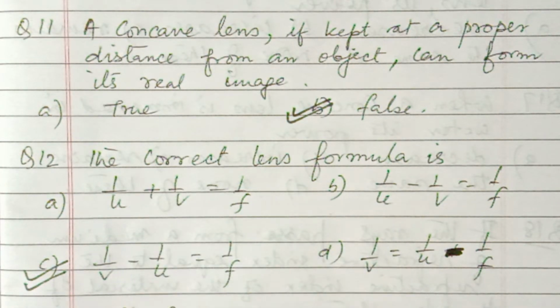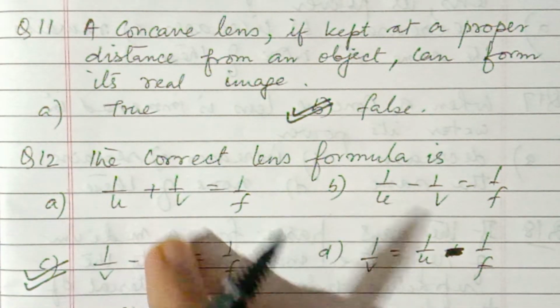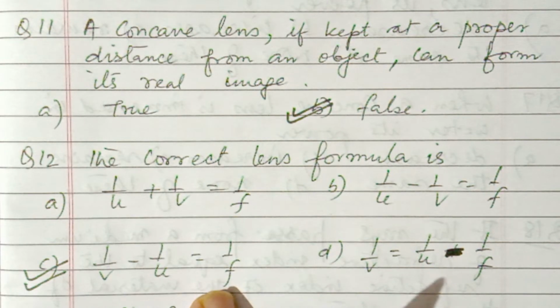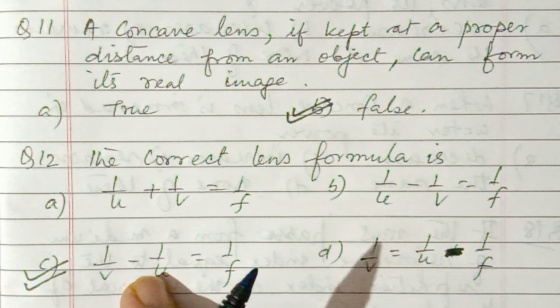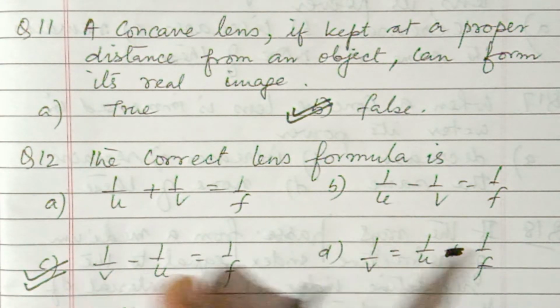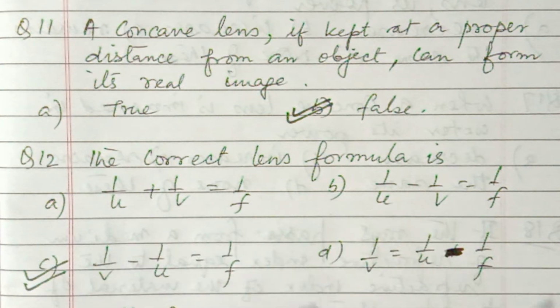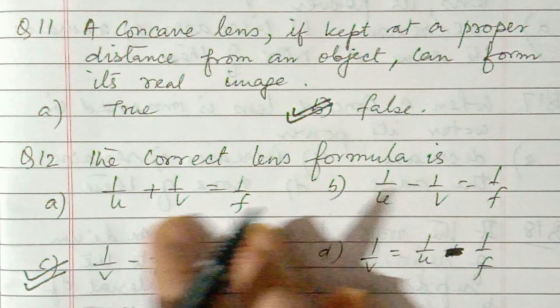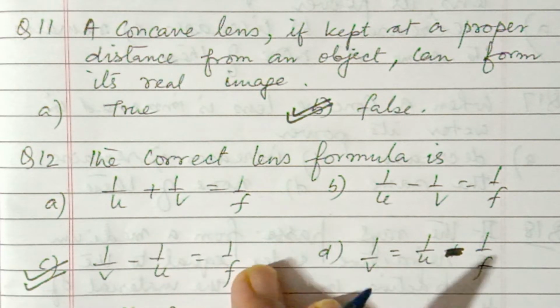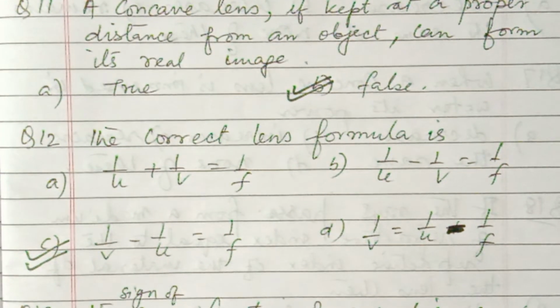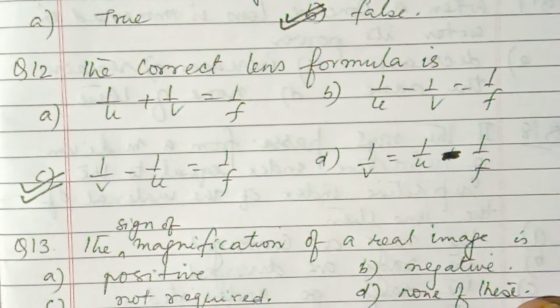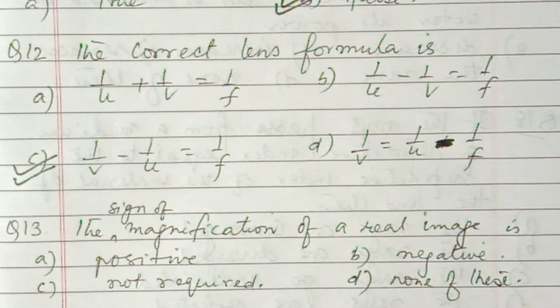So only this is correct. 1 by v minus 1 by u is equal to 1 by f. So learn this basic equation, then it may be given like u is taken this side, v is taken this side. So they may give options like that. That may be correct. So you have to learn this one basic formula. 1 by v minus 1 by u is equal to 1 by f. This is the lens formula or lens equation. Okay, next question.